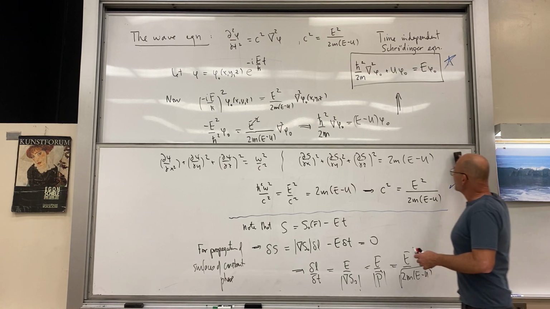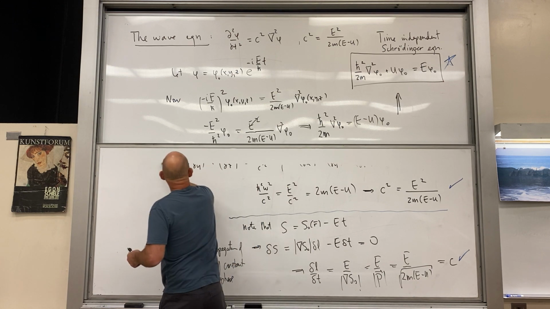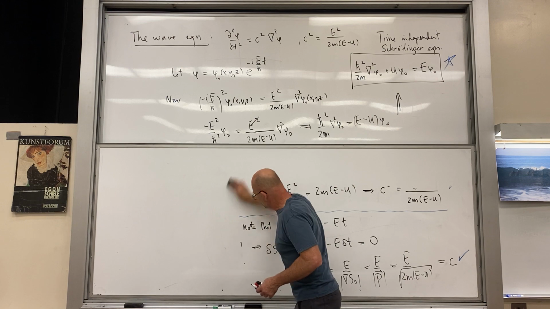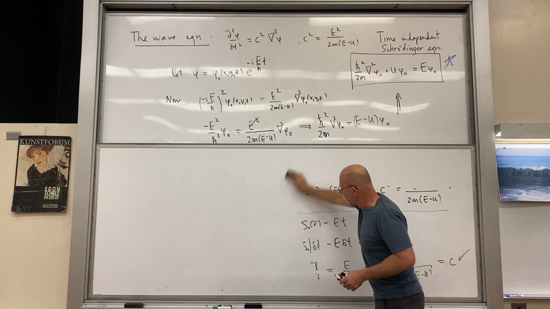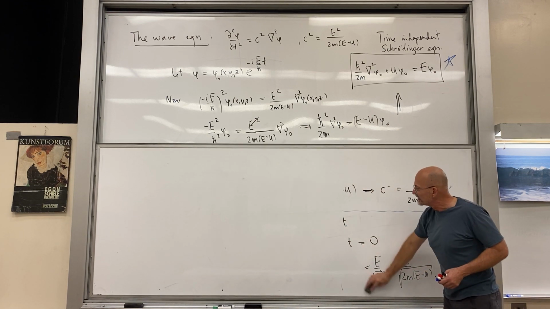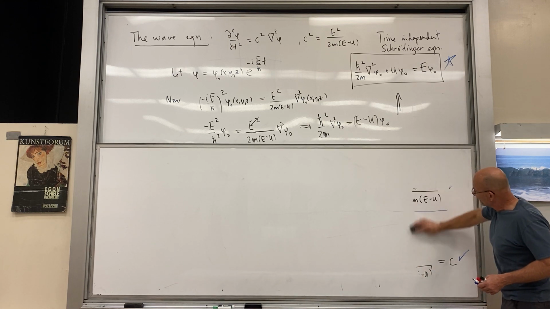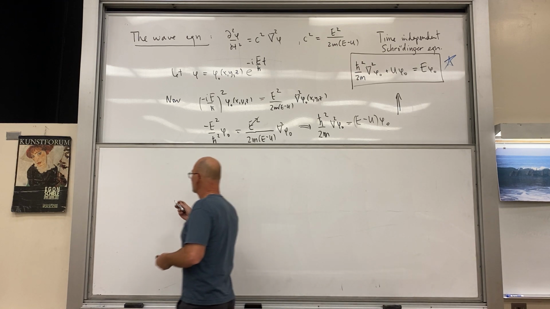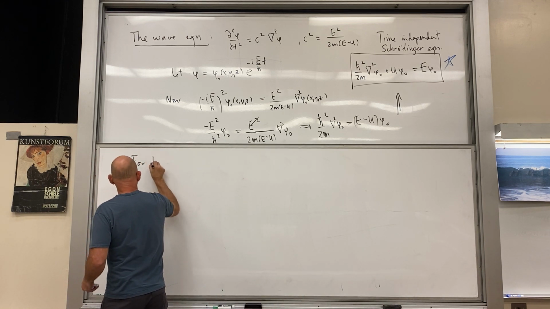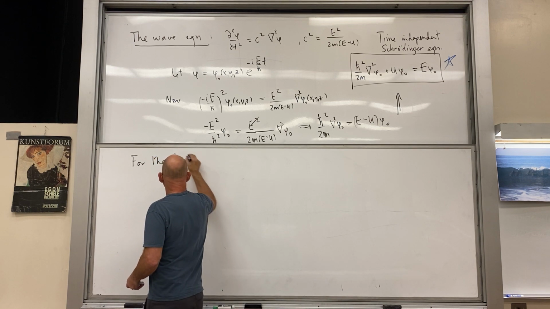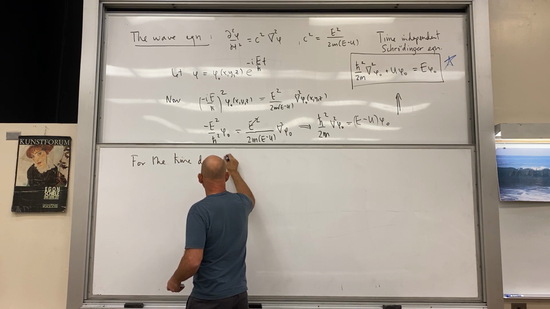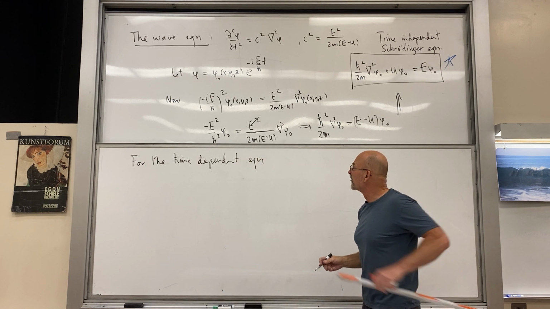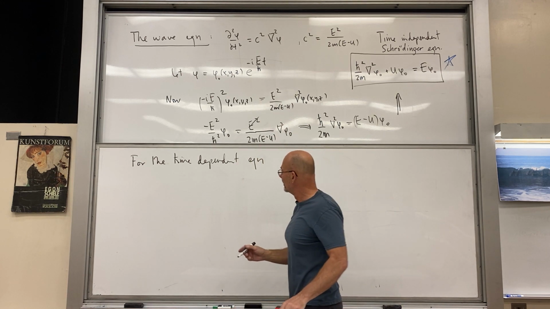Okay, so we can erase this. Now, to get the time-dependent equation, we'll make sort of a guess, but a consistent one, and then the full consistency check will come later. So for the time-dependent equation, what we do is we look at the ansatz here.